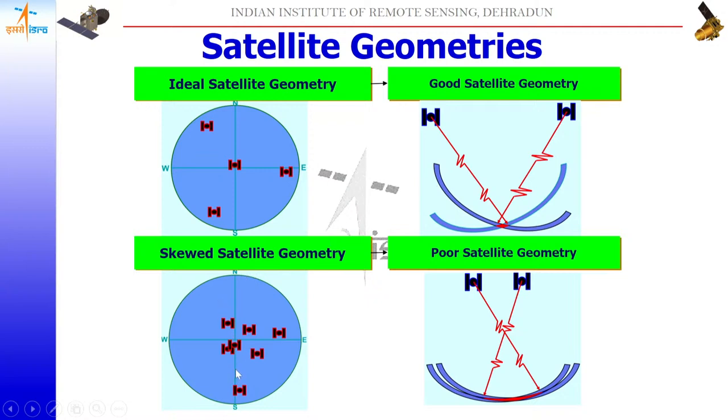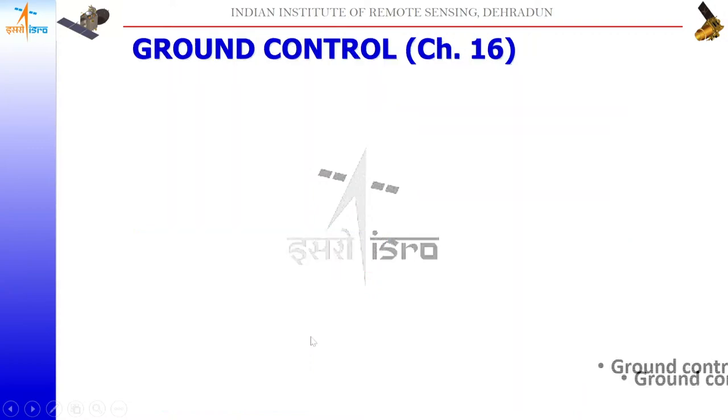But when the satellite geometry is skewed, you see the range and the curvature going like this, and it is sparse, so you have very big uncertainty. You can be anywhere around this. That's why it is very difficult to determine your precise position when the geometry is like this.